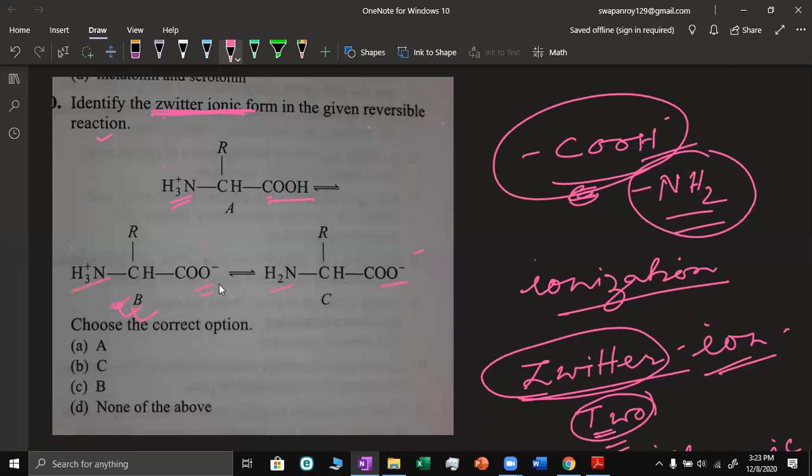So both ions are present in B. So B is our answer, choose the correct option. Which one? B is correct. So here, option C is showing that B.